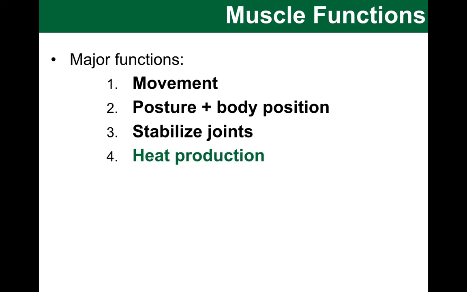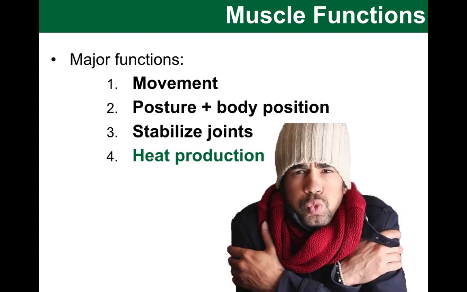Finally, the last of the four big functions of muscles that I want to mention here is heat production. Remember that as muscles contract, they generate heat, and this can become very useful, for example, when we are cold. Think of getting shivers.